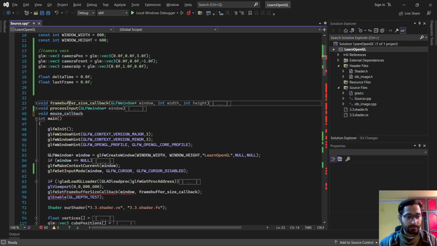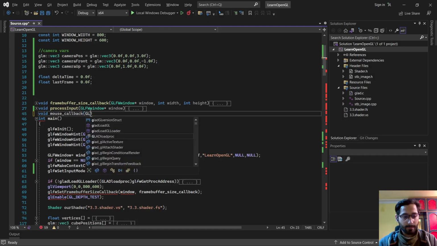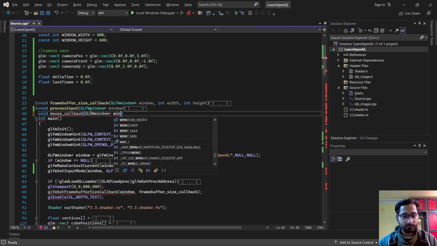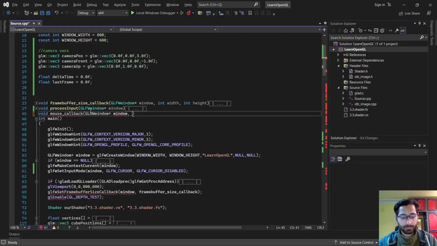So mouse callback will take a GLFWwindow, double xpos and ypos.